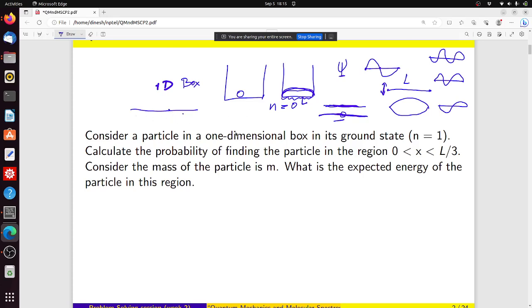Okay, so what are the possible modes a particle can have inside this one dimensional potential? Either it can have this, or this.